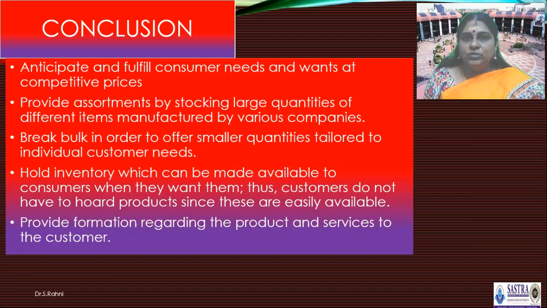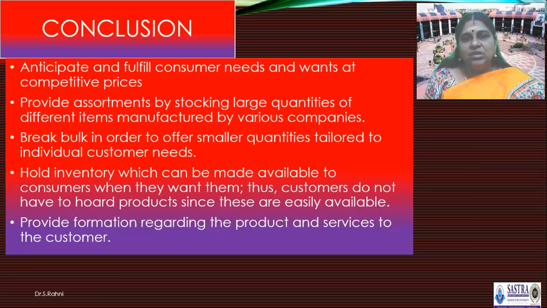On the whole, the conclusion talks about how to go about with the distribution channel. Number one is to anticipate and fulfill consumer needs and wants at competitive prices. They should be in a position to provide and distribute the materials to all their customers at competitive prices, because price matters a lot, and provide assortments by stocking large quantities of different items manufactured by various companies.